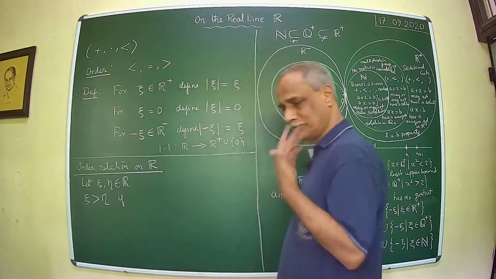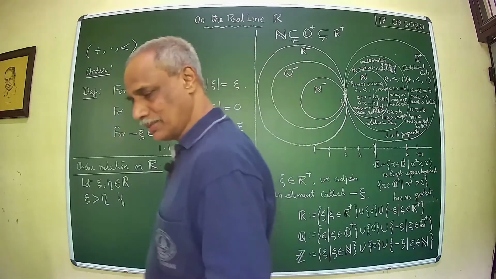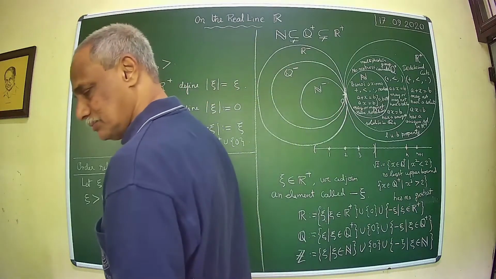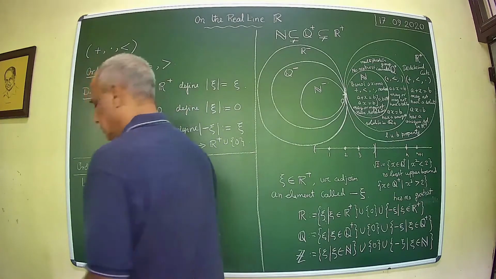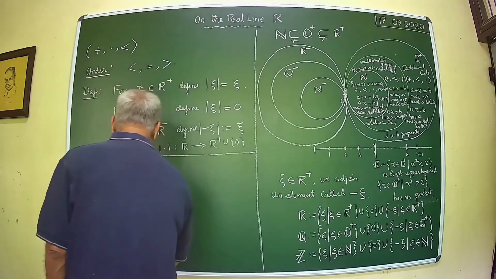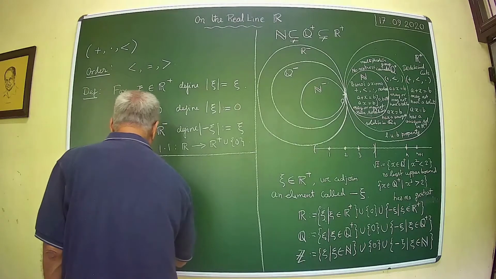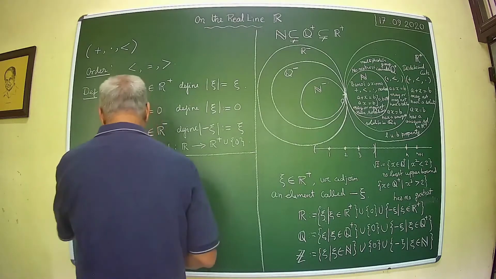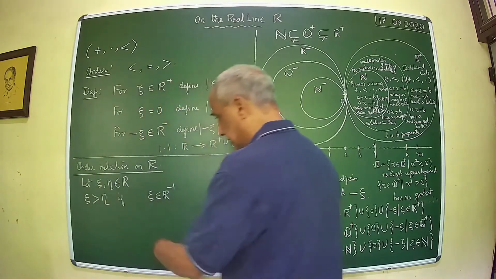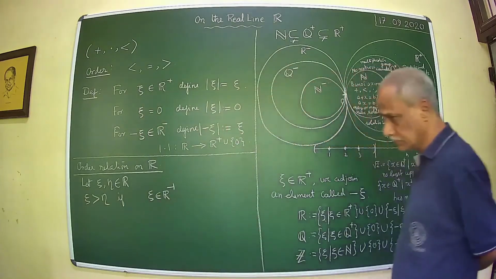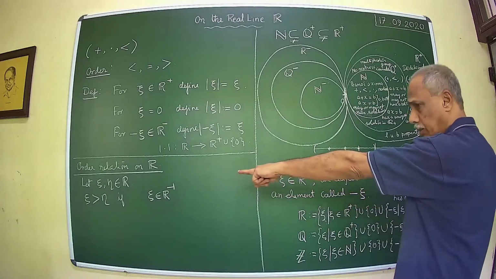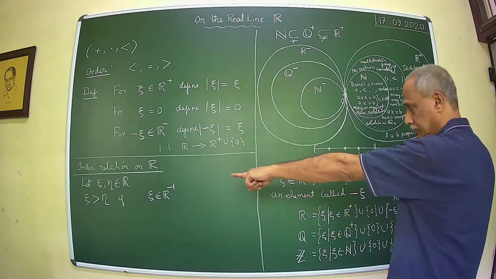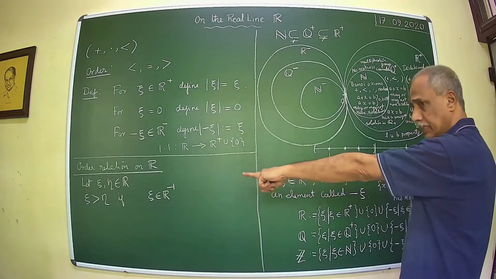There are a lot of things that you have to look at. Okay. Whenever psi belongs to this, already we have this notion on R plus only. That we are not tampering with. We are going to use that to define the order structure on R minus. That's something that you should understand.